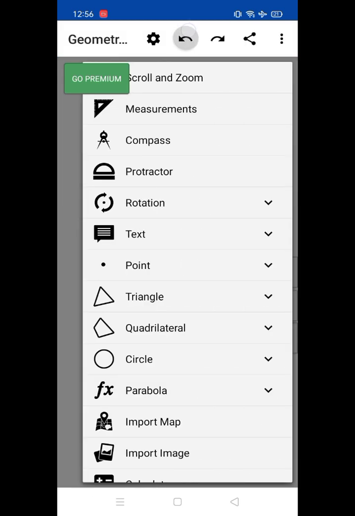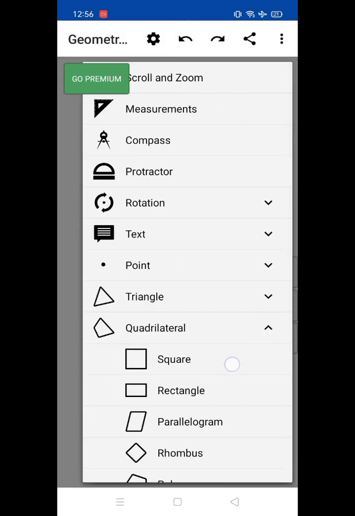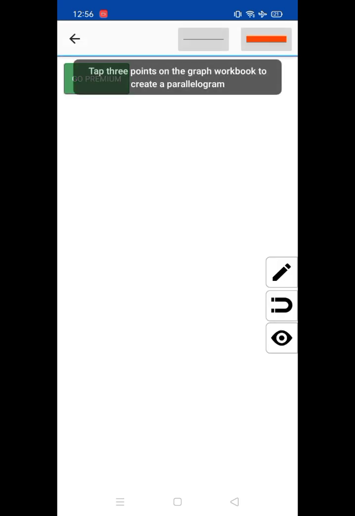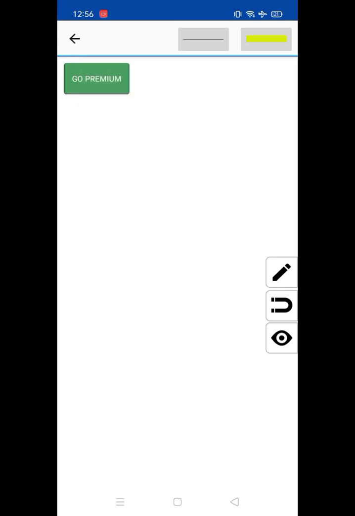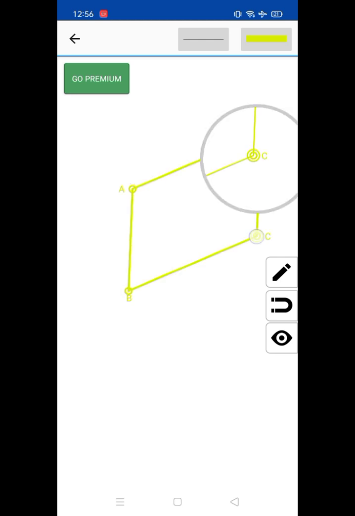Next one, we can use a parallelogram. Tap 3 points again, and we can change the color in any preference. For me, it would be yellow. So tap 3 points, and here the parallelogram. The line AD is parallel to line BC, and the line AB is parallel to line DC.